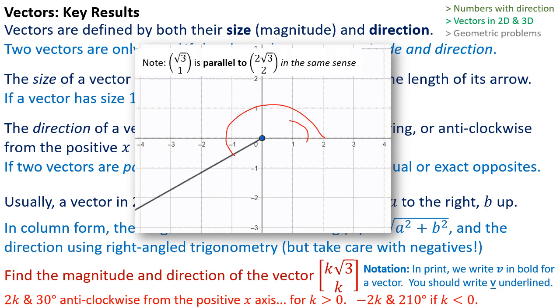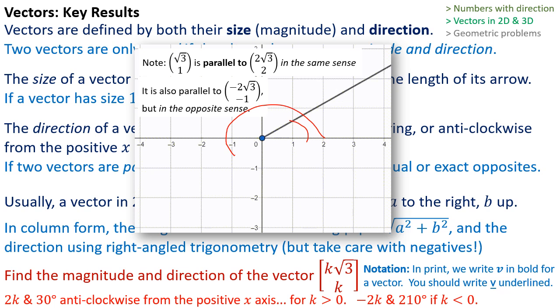Now this is what we were talking about when we described parallel. (√3, 1) and (2√3, 2) are parallel in the same sense because one is just a stretched version of the other, both pointing in the same direction. But (√3, 1) is also parallel to (-√3, -1), but in the opposite sense.